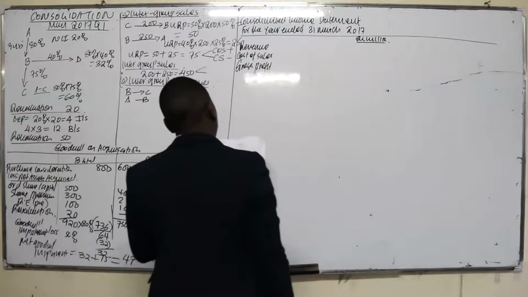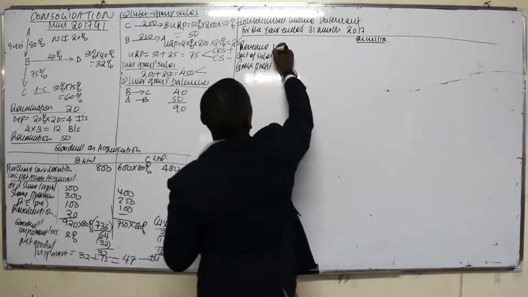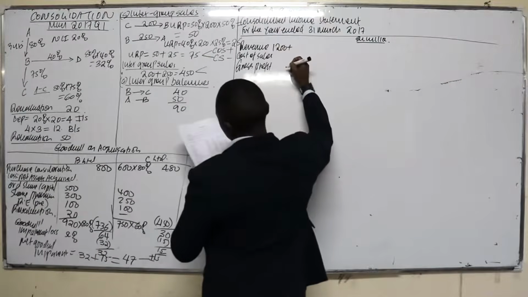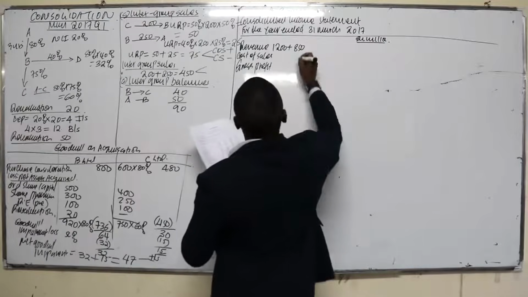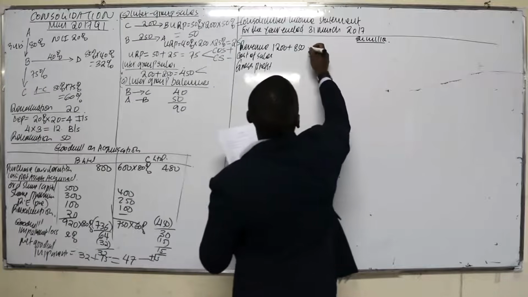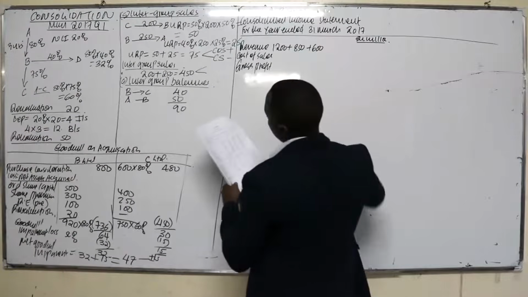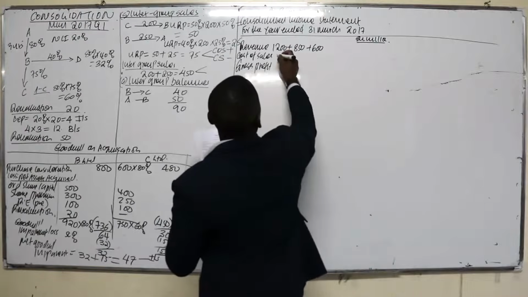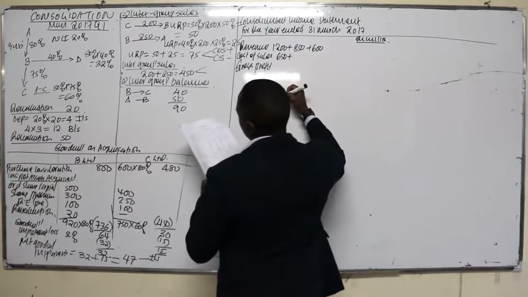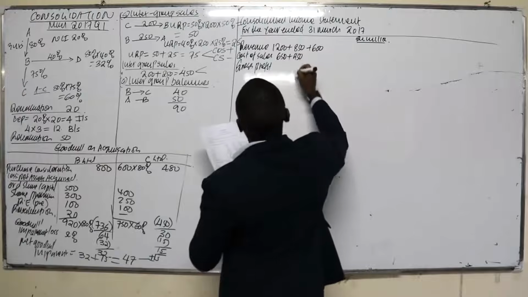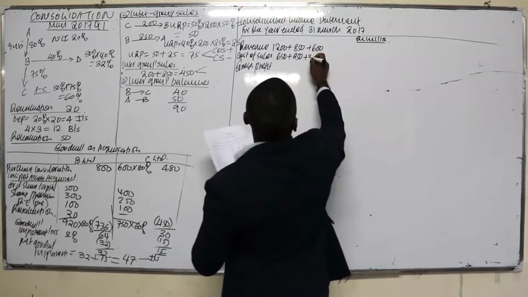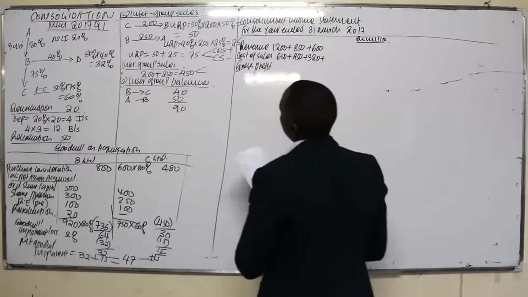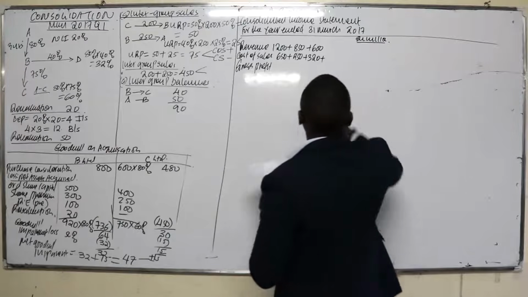So you have 1,200. You add 850. You add 600. Then cost of sale, you have 650. You add 450. You add 320. Then you add 75.